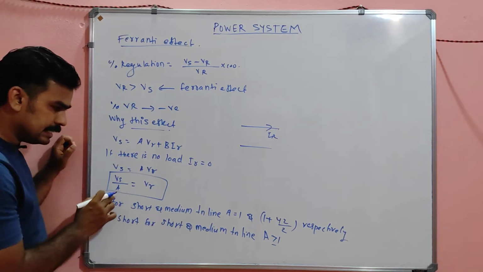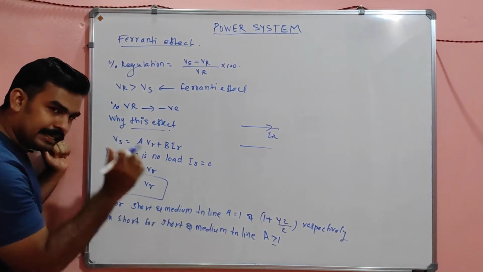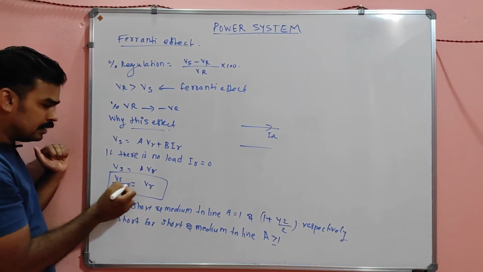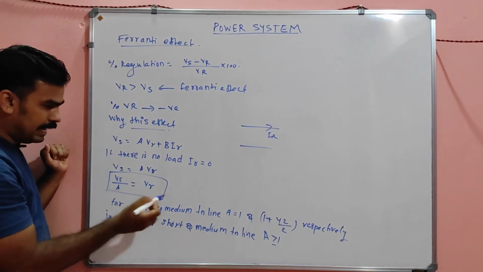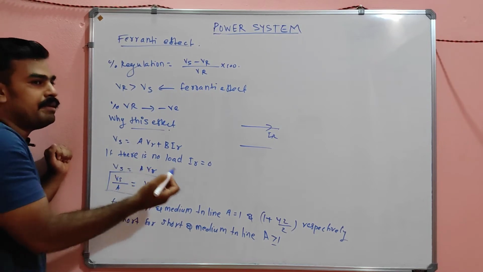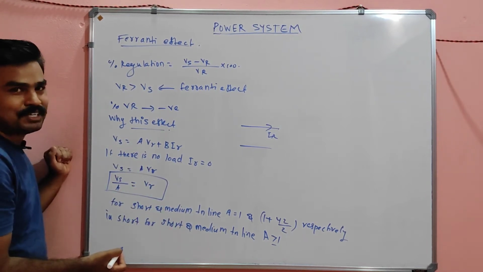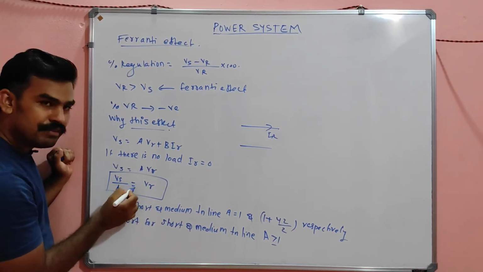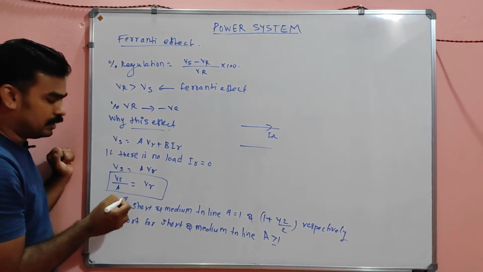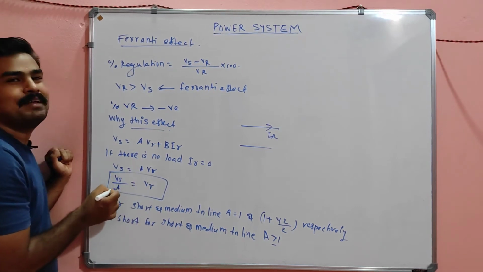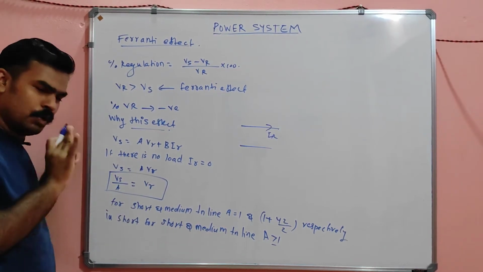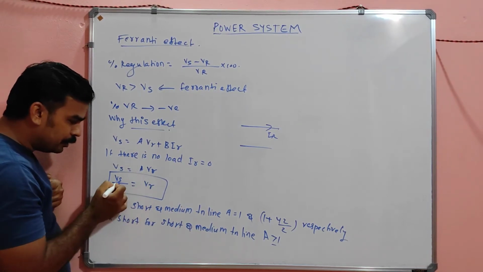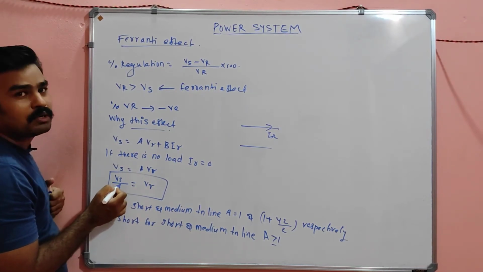So if you substitute the value of A greater than or equal to 1 here, Vs by A equals VR. If A equals 1, VR will be equal to Vs, the maximum possibility for a short transmission line.